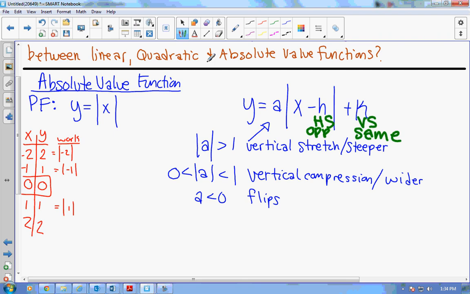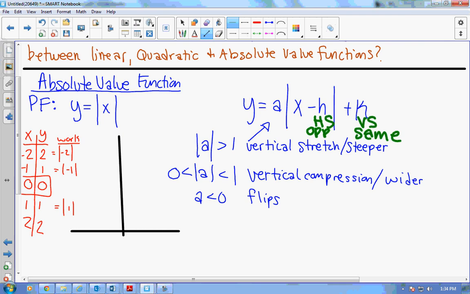Starts with an S. Symmetry around the vertex. Okay, take the edge of your calculator and draw yourself a grid. Coordinate plane. None of our y's are negative, so we only need the upside down T. 1, 2, 1, 2.